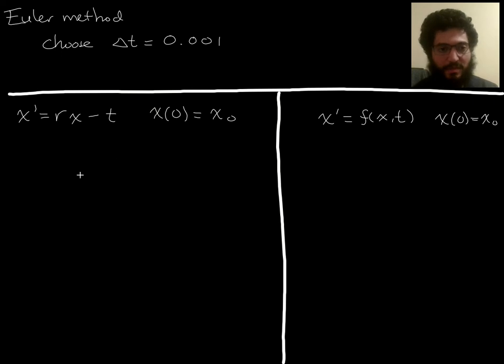So maybe x is the number of people at time t, and then this term represents that there's some monster that's eating people or something, and the rate at which it eats people is increasing linearly. So on the first day it eats one person, on the second day it eats two people, and so on. Okay, so it's a stupid example, but hopefully enough to demonstrate the idea.